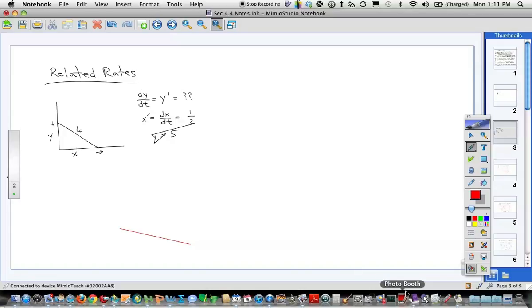All right. So, in the italics on page 251, it says, write an equation that relates the various quantities in the problem. So, the various quantities in the problem are x and y. What's a very simple equation that relates them? X squared plus y squared equals 36.